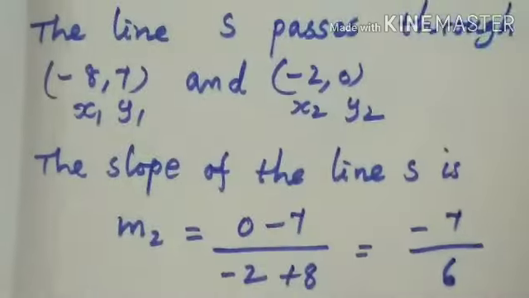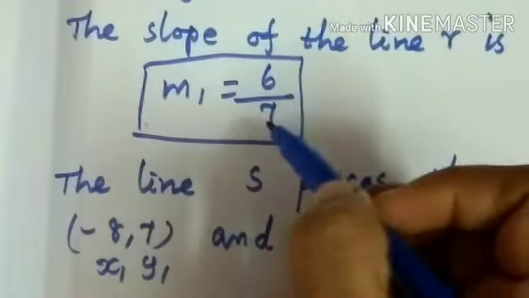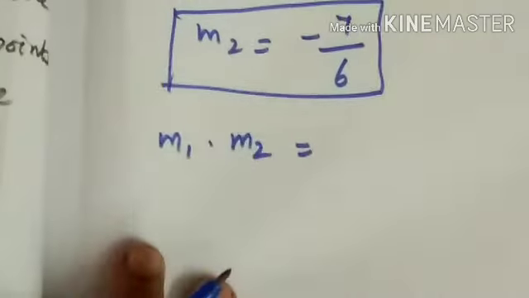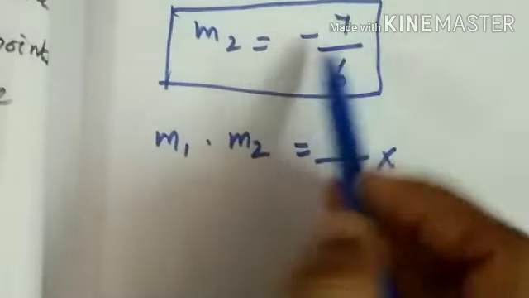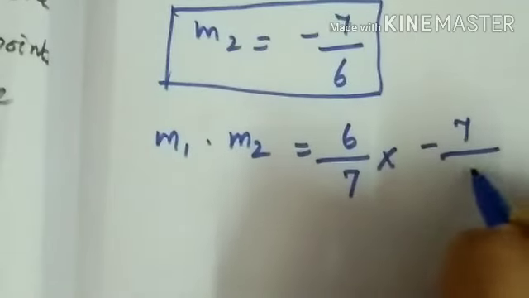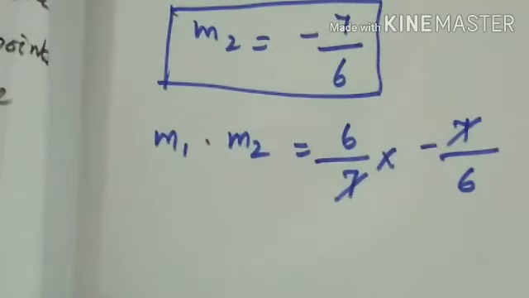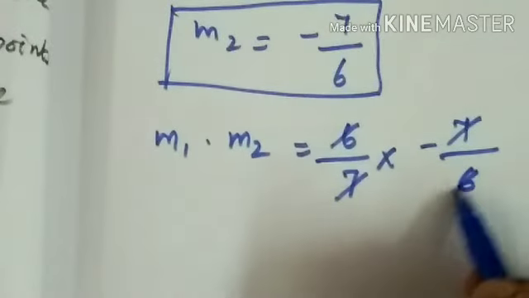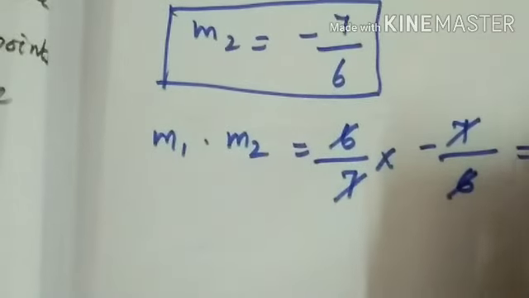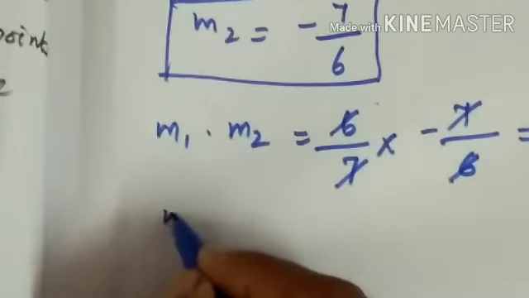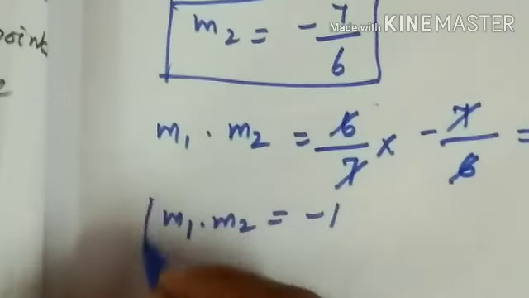What is the value of m1? 6 by 7. That is 6 by 7 into the value of m2, minus 7 by 6. Now you cancel: 7 by 7 is 1, 6 by 6 is 1. That is 1 into minus 1. We have minus 1, that is m1 into m2 is equal to minus 1.